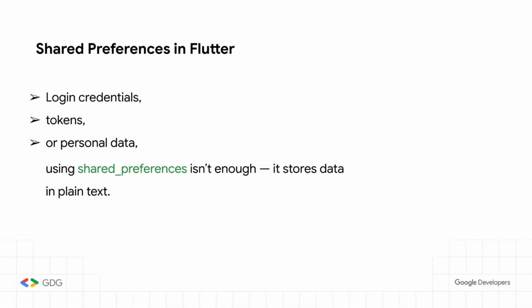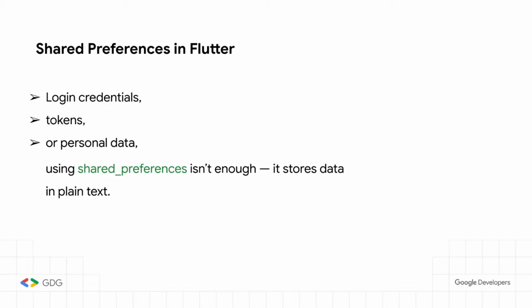Moving on to our next type of data storage in Flutter, which is shared preferences, which I'm sure most of you have heard of or even used. The difference between secure storage and shared preferences is that secure storage stores sensitive data using the encryption and decryption method, but shared preferences is going to store the data as it is.